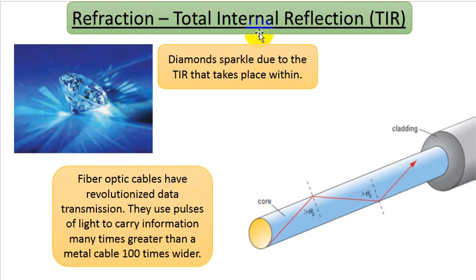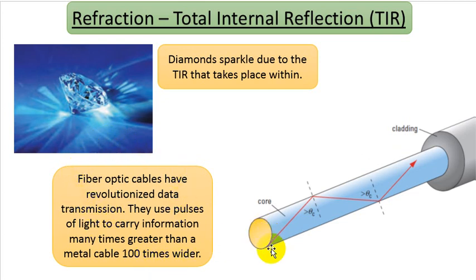Also, this total internal reflection is widely used nowadays in data transmission. For example, nowadays all houses are supplied by fiber optic cables. So these fiber optic cables are our internet, guys. You know, nowadays our speed is very high because of using this technology.